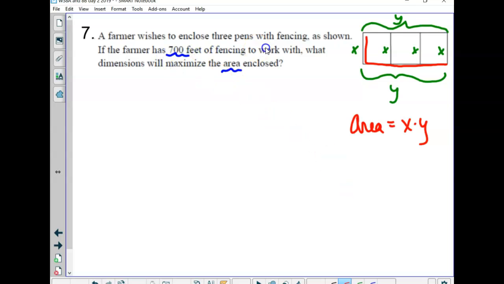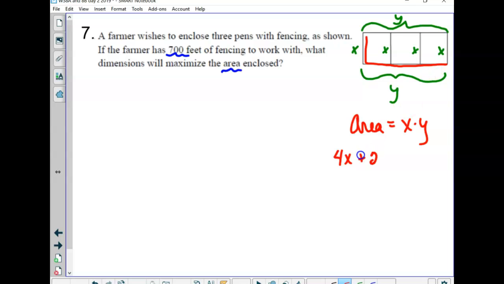He has 700 feet of fencing to work with. Well, what is he going to have to break that 700 up into? He's going to have to cut off how many pieces go in this way? Four that are each x. And then on these sides, he's going to have two y's, right?